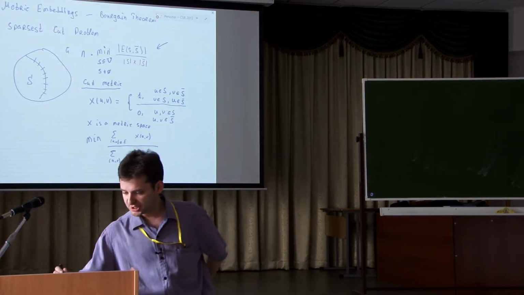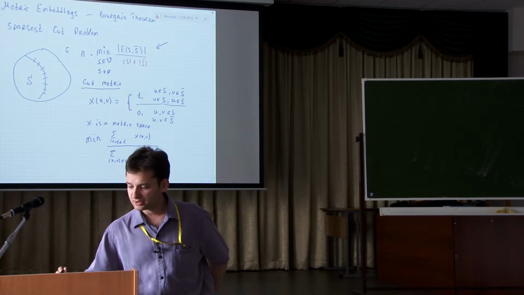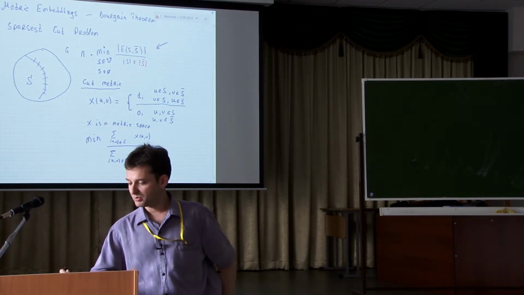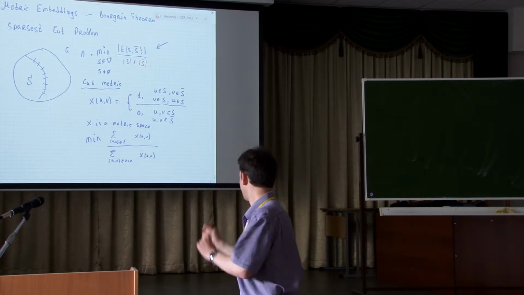Using this notation of cut metrics, the original problem can be rewritten as the minimization problem of the sum over all edges of the distances x_uv.